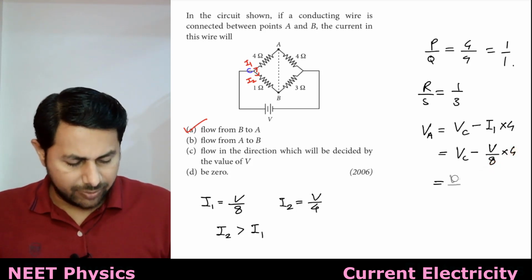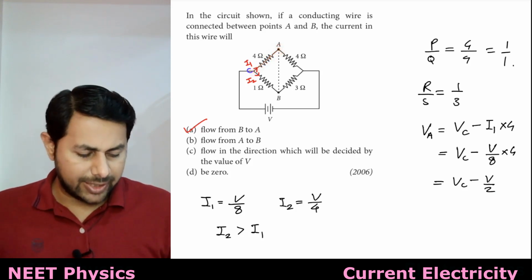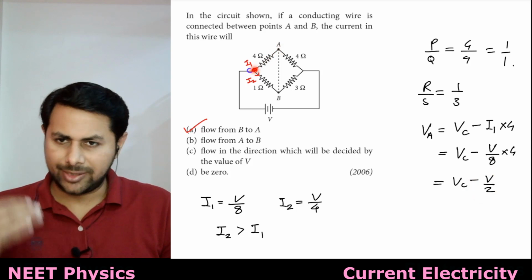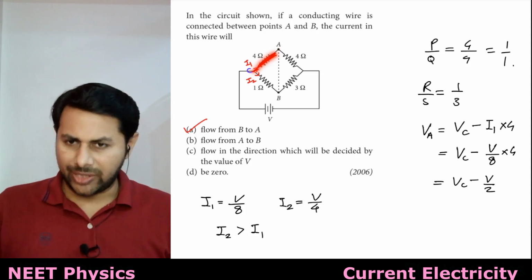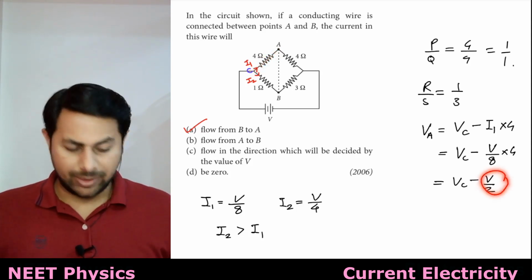Okay, Vc minus V by 2. So when you go from this point to this point, the potential difference decreases by what? V by 2. Okay, the potential of this point is Vc, the potential of this point is how much? Vc minus this much potential difference. Okay, the potential difference in this resistor is equal to V by 2.